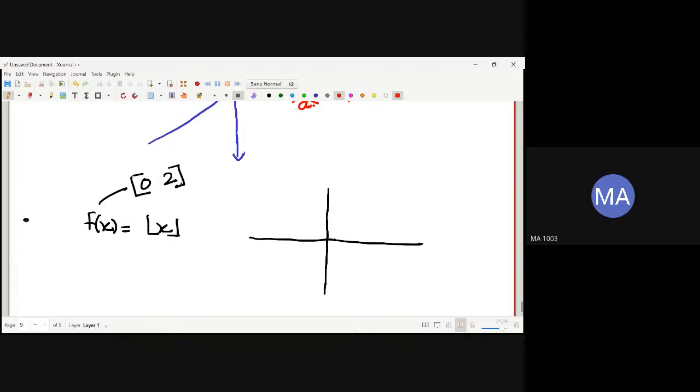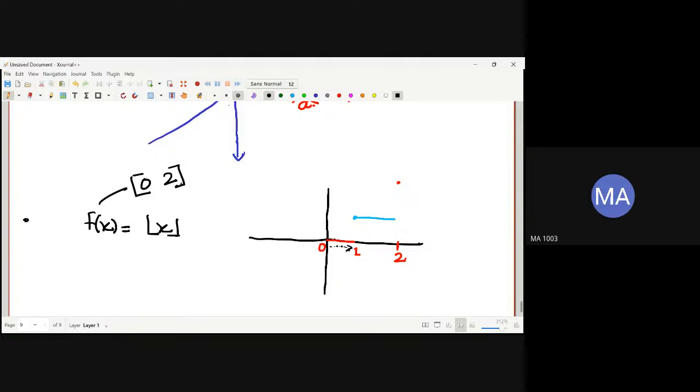Now you can see, if you check the limit of this function at 1, the left hand limit is 0, right? If you are coming to 1 from the left hand side, then the value is precisely 0, since the function is 0 on this open interval. So that's why the left hand limit is 0.